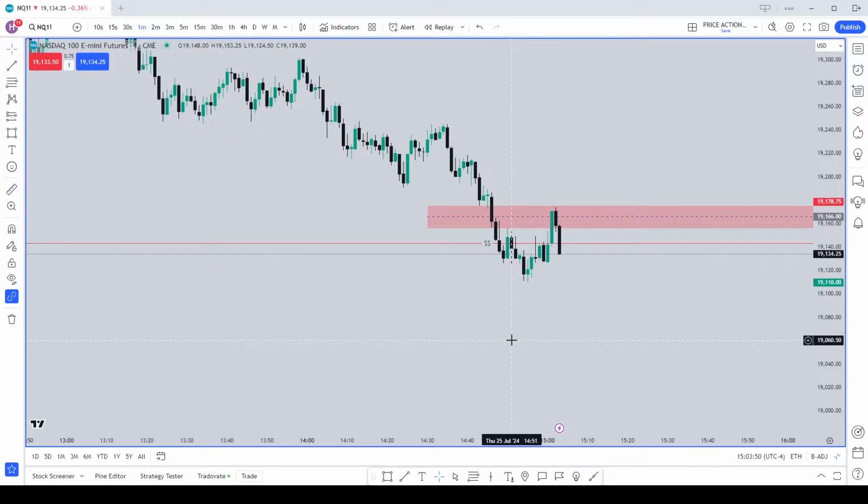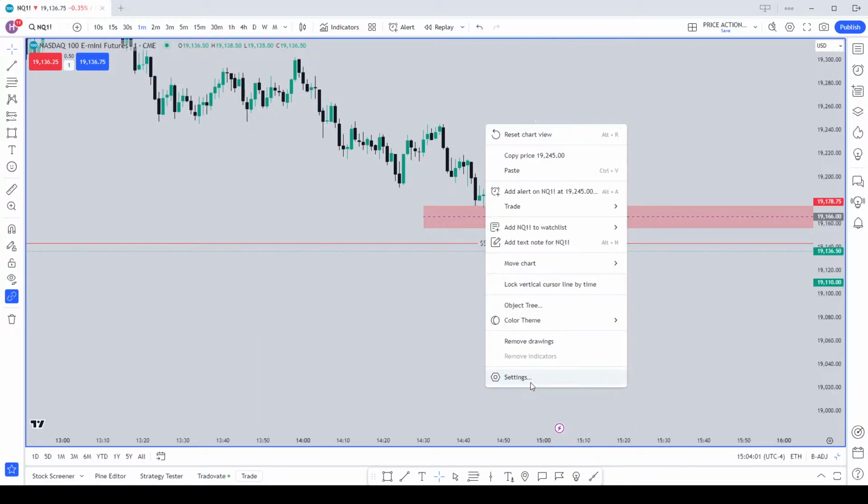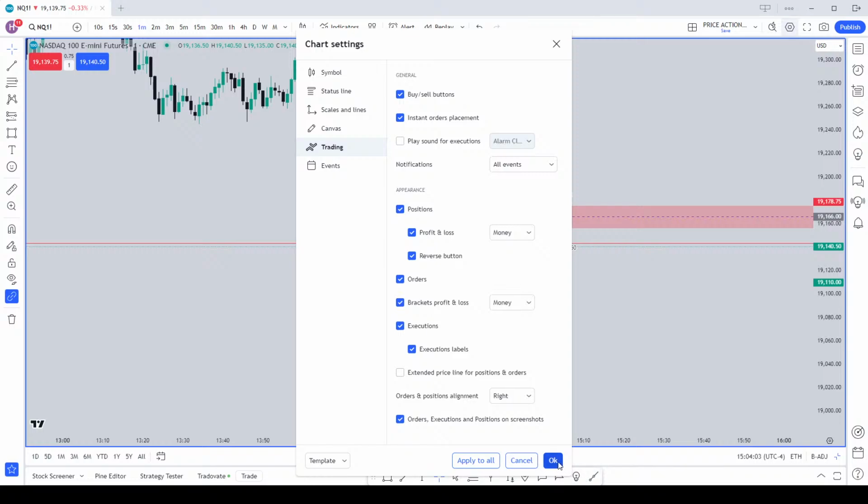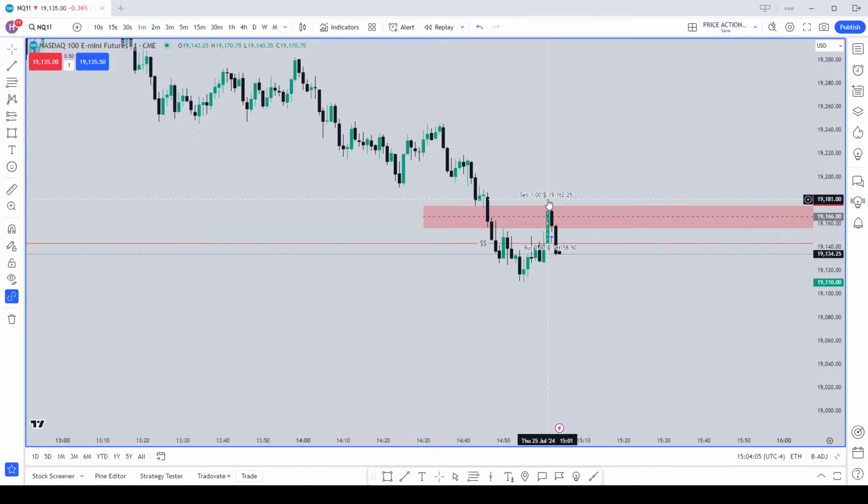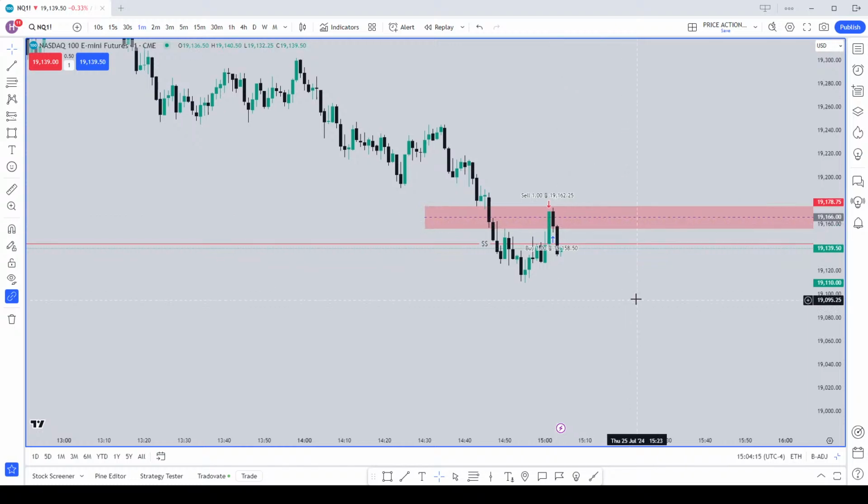That was a pretty good entry actually. And that was a great move I missed out on. Yeah, the entry was right here at 62. You could have easily made some good money here, but I got out quick.